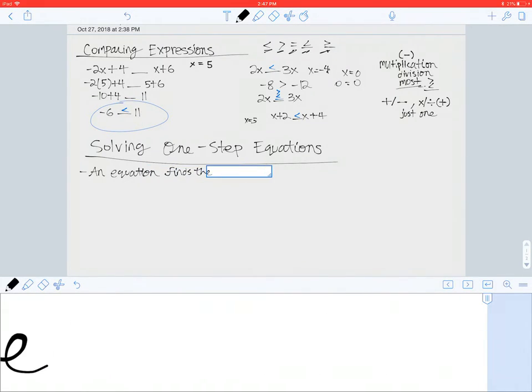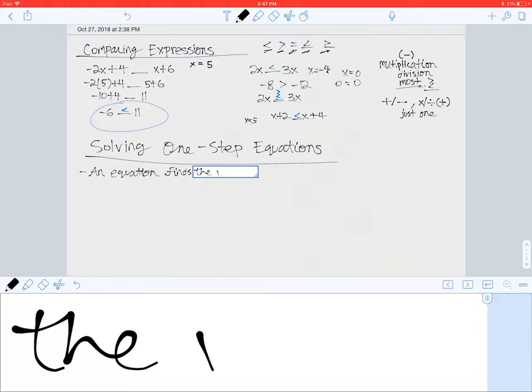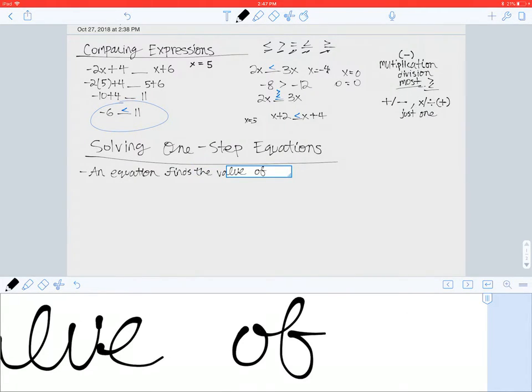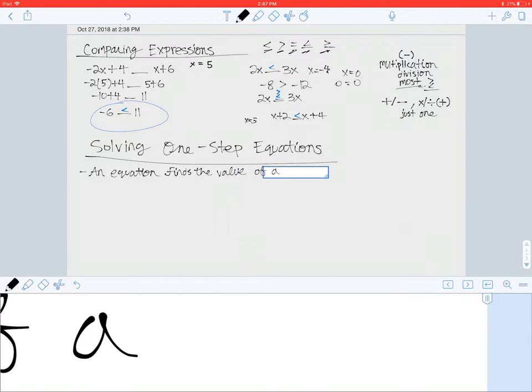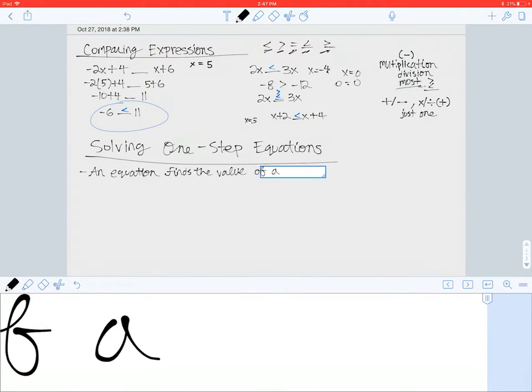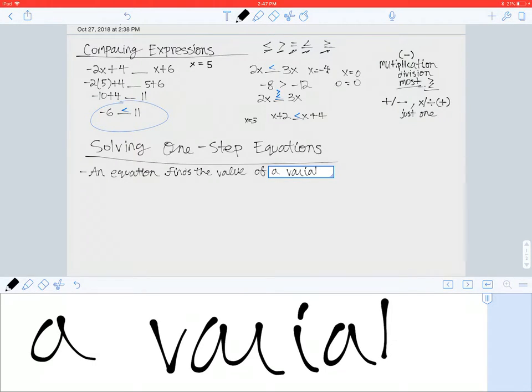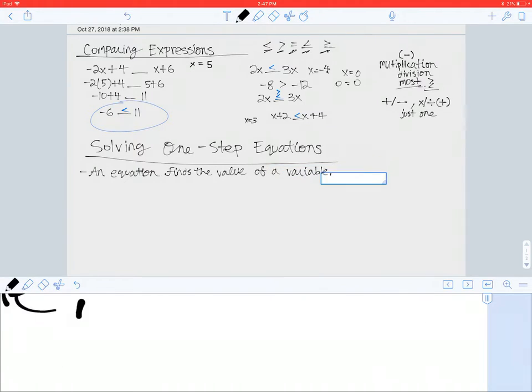So it finds an unknown value that you might not know at the beginning. And you can solve equations with multiple variables in them if you have a system that's a little more complicated, so we're not going to get into that for a while. Maybe you should take down in your notes that an equation finds the value of a variable, okay?